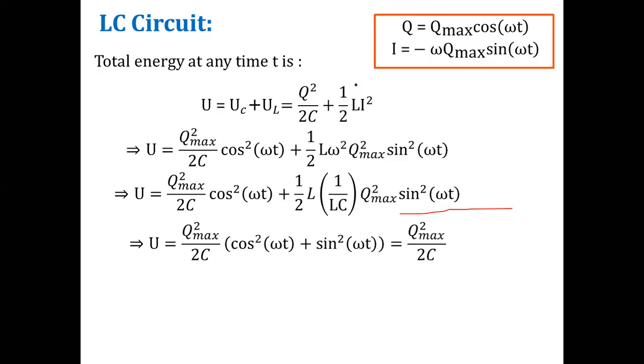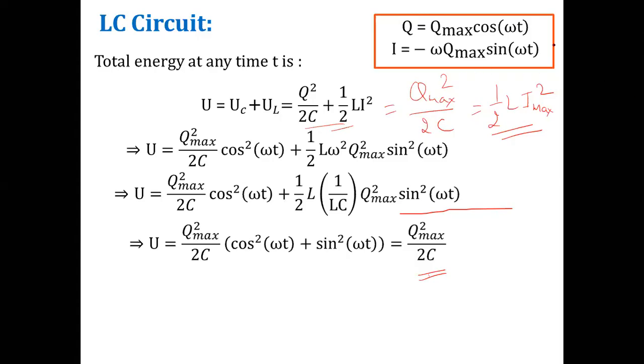I would like to prove that this term is equal to q max square over 2C, and this is also equal to 1 by 2 L I max square. You can prove this to be equal to either of these terms. Here I am proving that this is equal to this term. Simply reverse the values that I am plugging in, and you can prove that this would be equal to 1 by 2 L I max square. Do that by yourself, and if you face any problem, let me know.